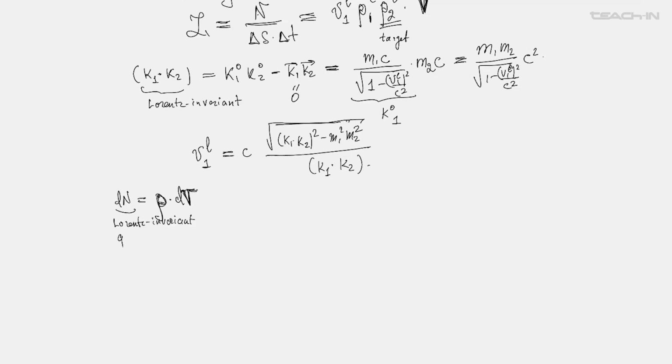You know that the volume is not Lorentz invariant because of the Lorentz contraction in the direction of motion. The volume V or dV, its differential, is not a Lorentz invariant quantity, and rho is also not Lorentz invariant, but the product of rho with dV is Lorentz invariant.